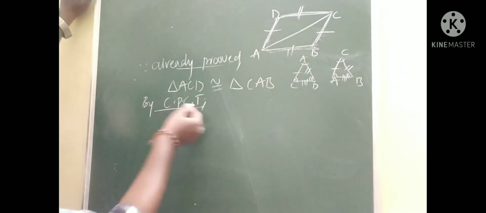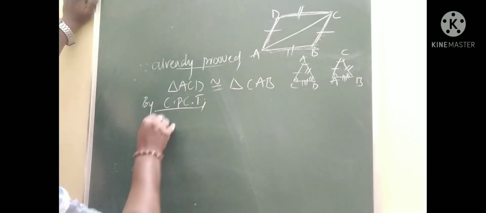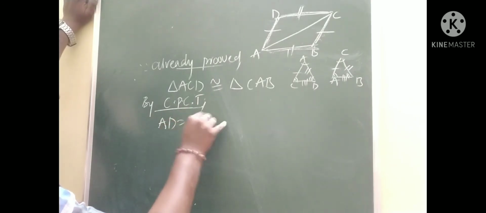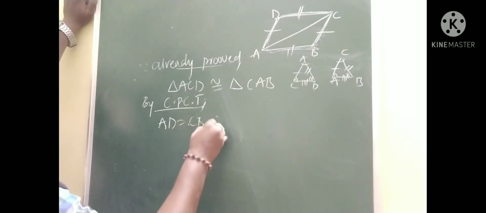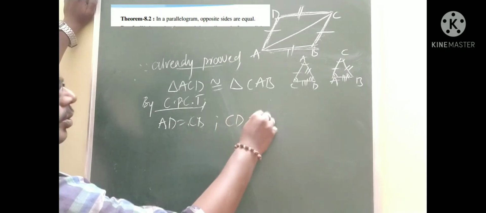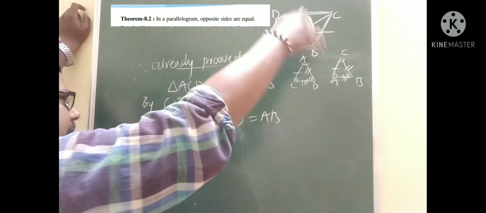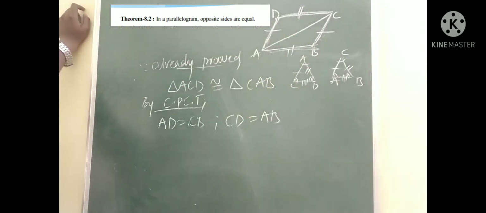That is why, by CPCT, corresponding parts of congruent triangles, we can write AD is equal to BC, and we have one more, CD is equal to AB. That's enough. As per the parallelogram, we need to prove that both pairs of opposite sides are equal.